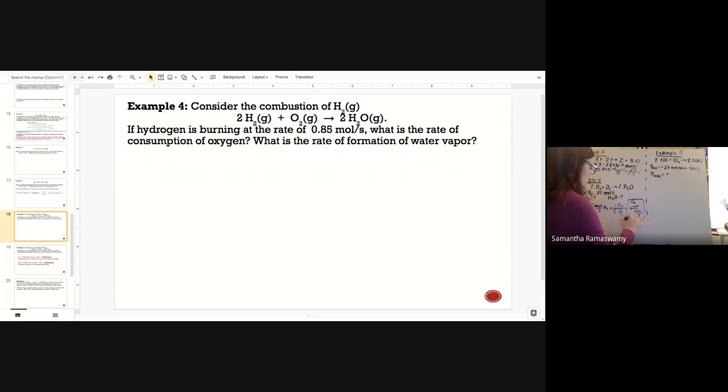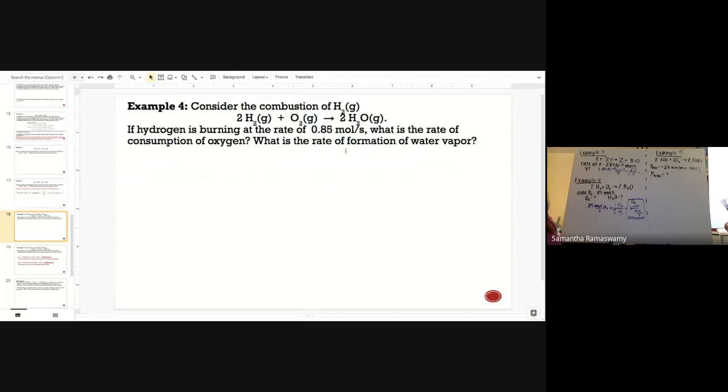Again, rates are positive, but what we can say here is we can say consumed. So oxygen is consumed, right? It's also burning at the rate of 0.425 moles per second. So notice oxygen's coefficient is half that of hydrogen, and its rate is half that of hydrogen.